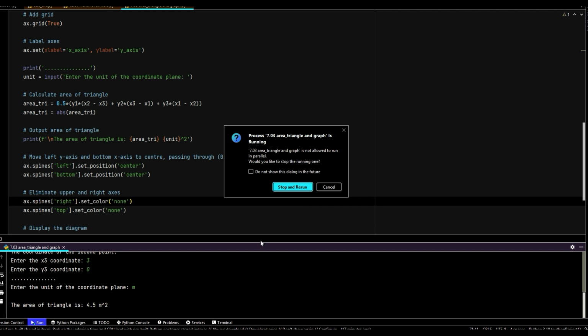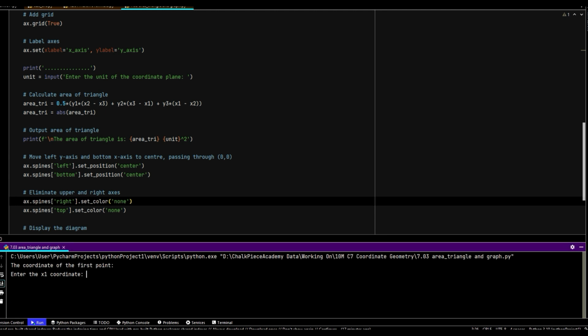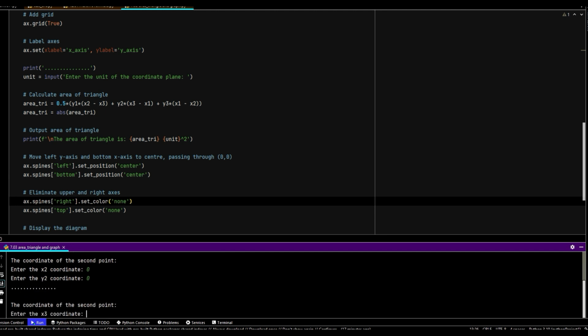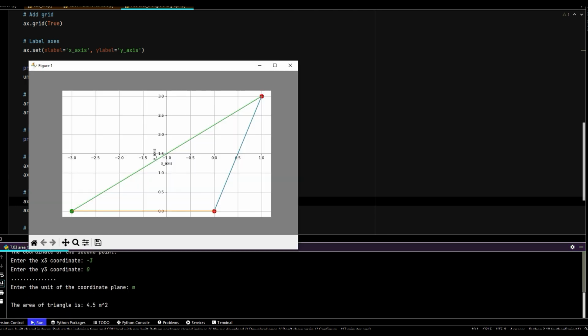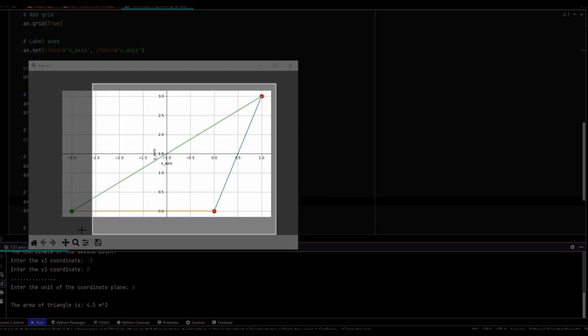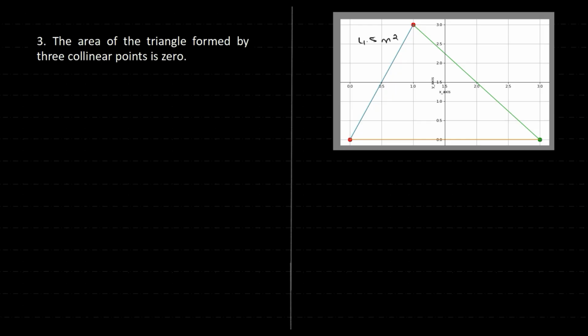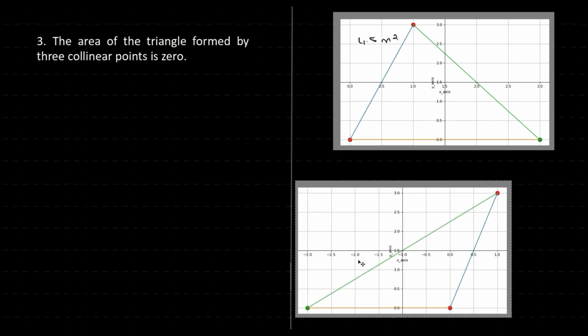Again, I'm executing this. Here the coordinates again are 1 and 3, 0 and 0, and we have minus 3 and 0 meters. So we have the same 4.5 meter square, but how it looks is different. That's the whole point, right? The coordinates are different, obviously it will look different, but the area will remain the same.